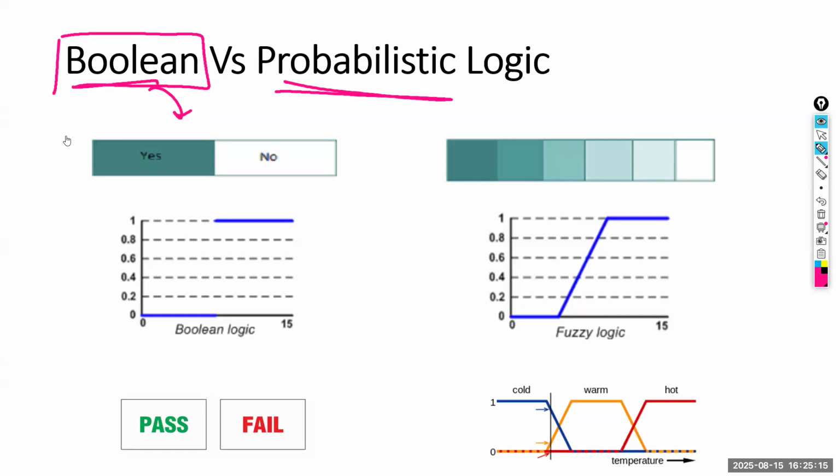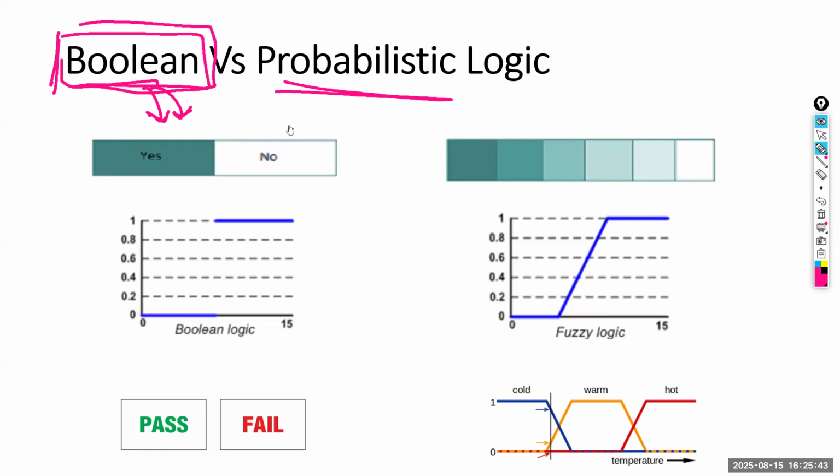So it's very simple, not very fussy. It doesn't mean that we can apply Boolean logic everywhere. No. But we can apply Boolean logic in so many places, and whenever we can apply it, it's very reliable. That is why we are really interested in Boolean logic.